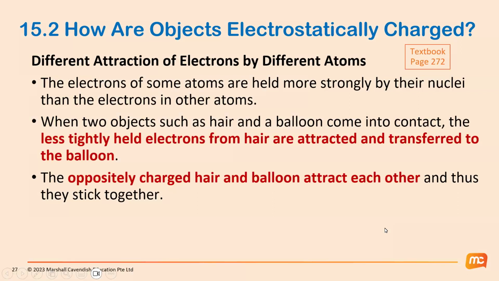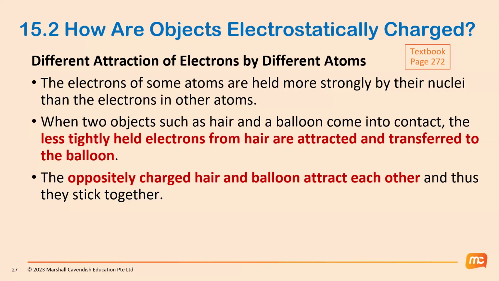So why do electrons or charges move when they are being rubbed? You need to know that in electrostatics, although there are positive charged protons and negative charged electrons, it's always the negative charges that move. The positive charge is stationary inside the nucleus, held together there with the neutrons.